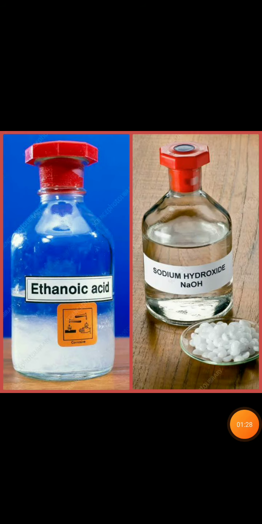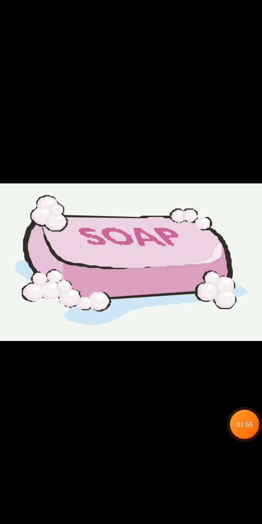Let us once again understand. When there is a reaction between an ester and sodium hydroxide, which is a base, the reaction between the two gives us the sodium salt of carboxylic acid, and this process is known as saponification. It is used in the preparation of soap.